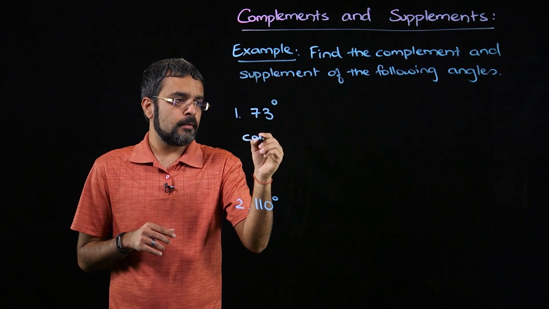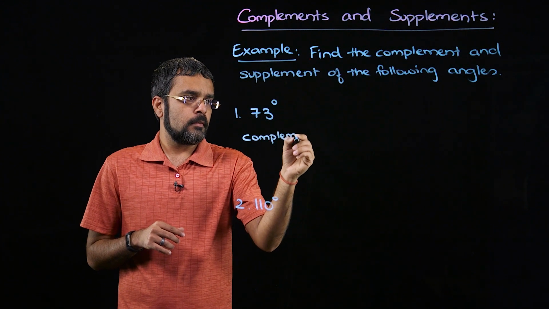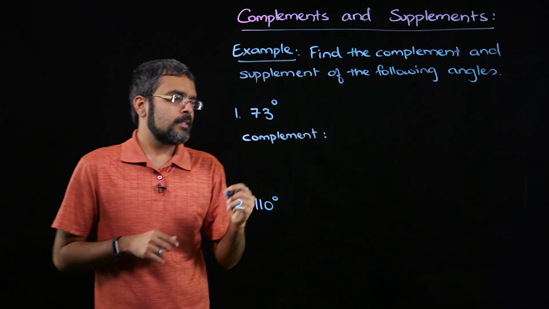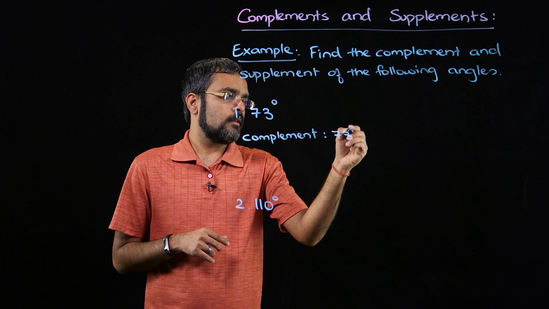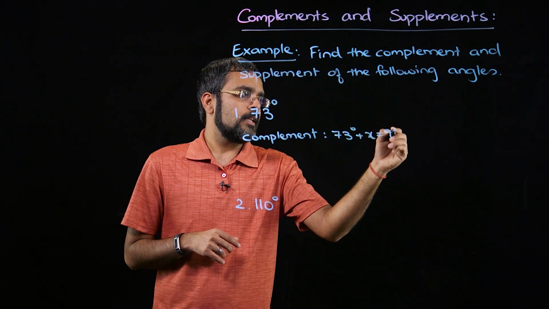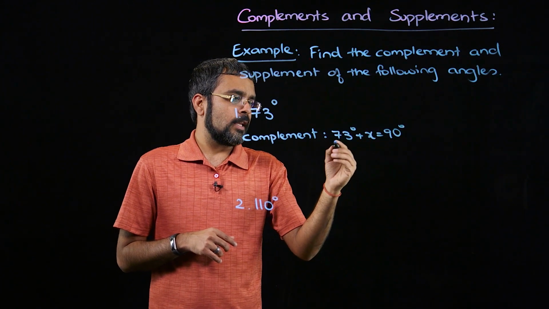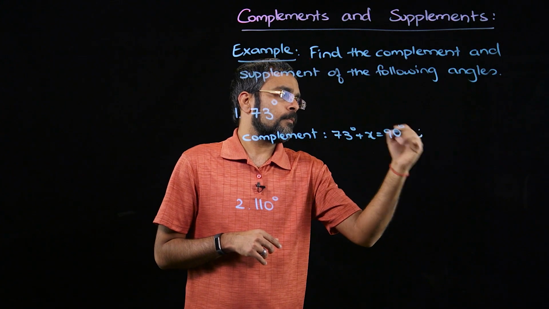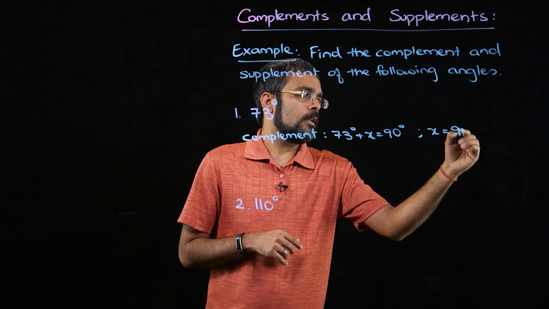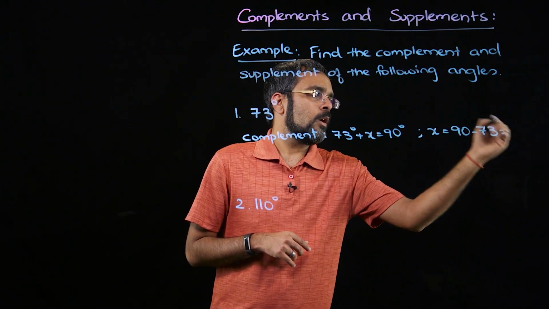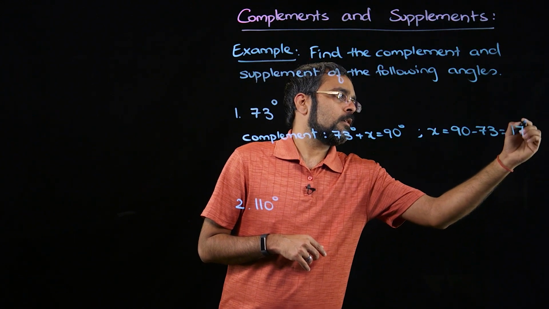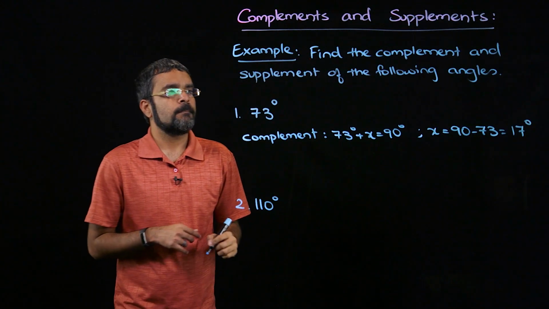So for the complement, we can say 73 degrees plus x equals 90 degrees, or I could also think about it as x equals 90 minus 73, which comes out to be 17 degrees.